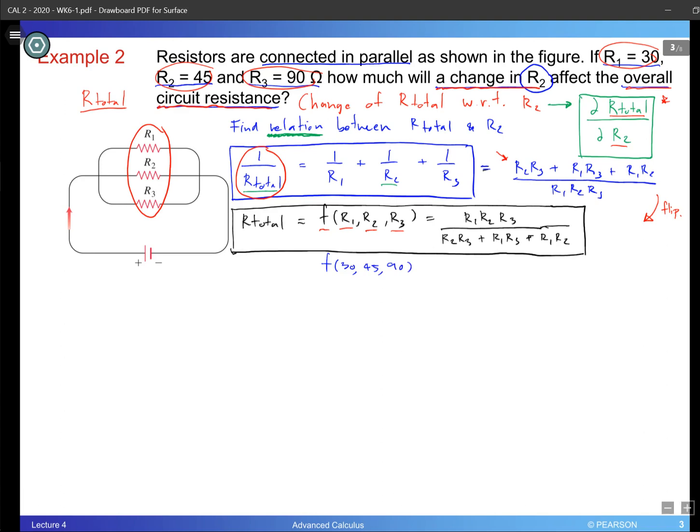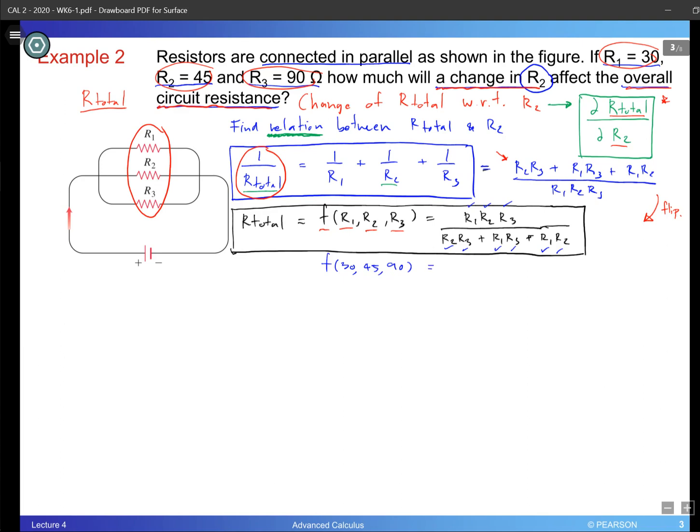As you know, we know R1, R2, R3, we know all of them, so we just need to plug all these numbers in and rely on a calculator or a computational program.